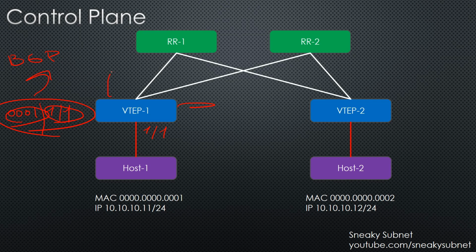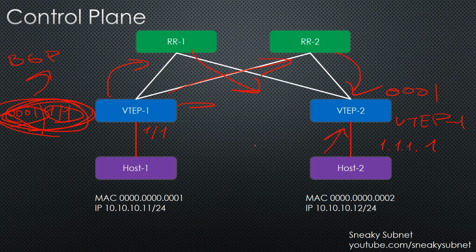This BGP route will be propagated to the route reflectors, and as you may know how route reflectors work, they will reflect that route to VTEP number 2. So eventually, in the very end, VTEP number 2 knows that MAC address 0001 is located behind VTEP 1, with IP address 1.1.1.1.